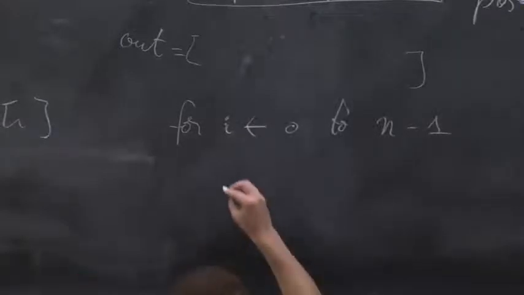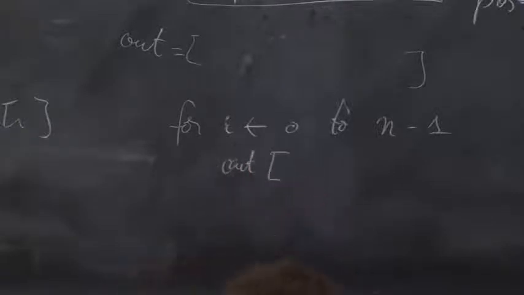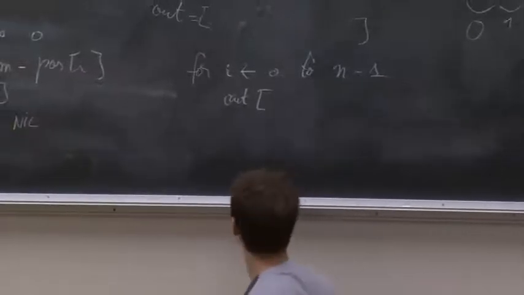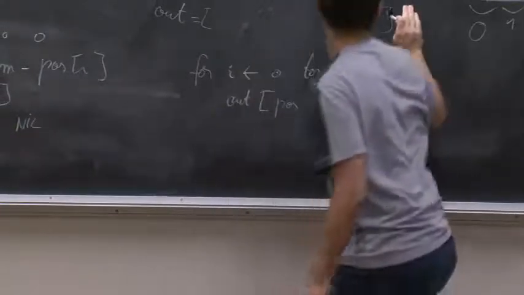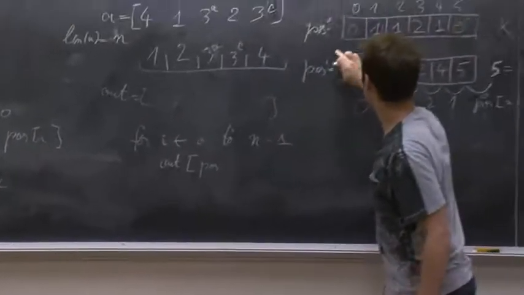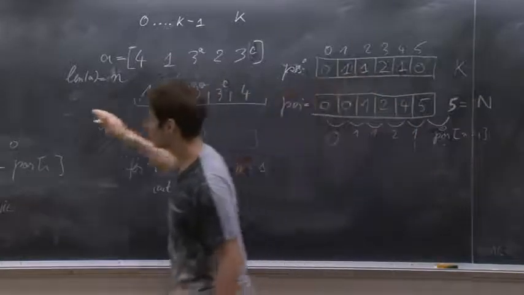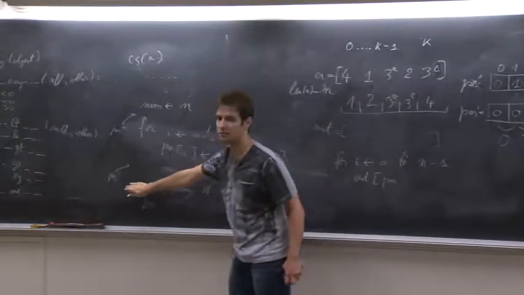Out of, no, it has to be, ooh, can we modify pos 1 as we go? Yep. So you could say out of pos 1. By the way, this is pos. The reason I labeled them with 0 and 1 is to say that this is what pos is before we go into the loop, and this is what pos is afterwards.